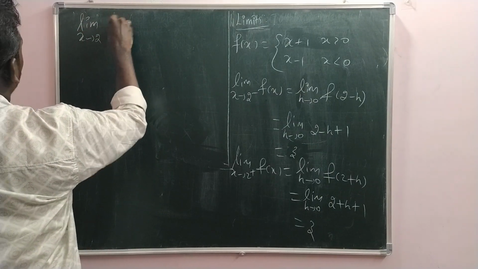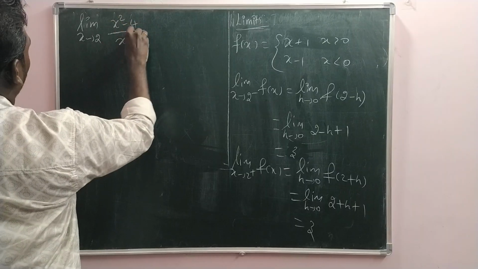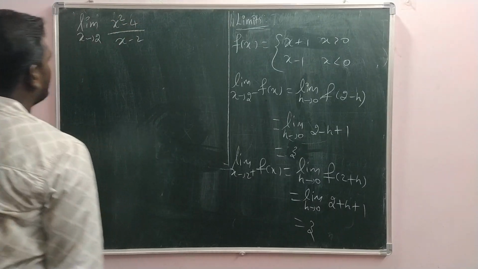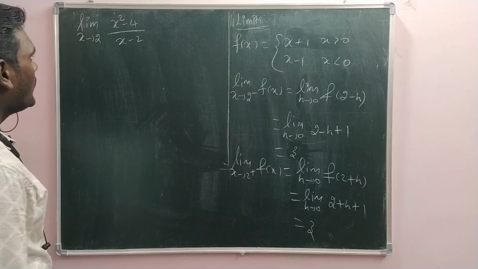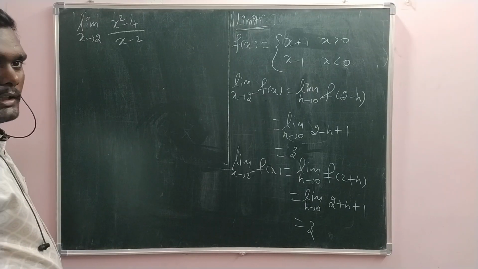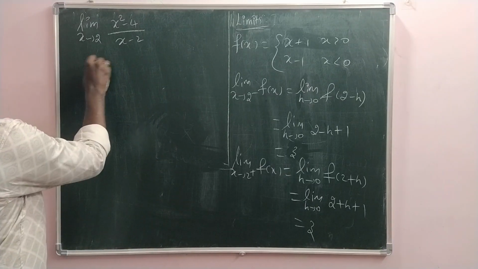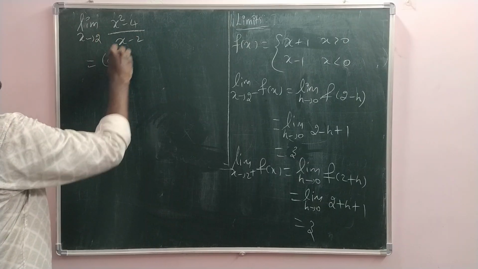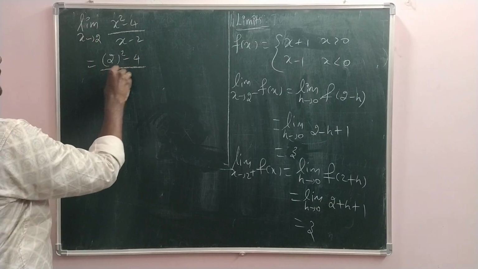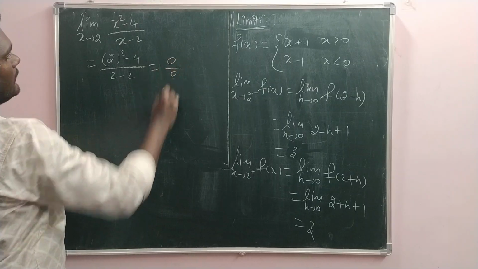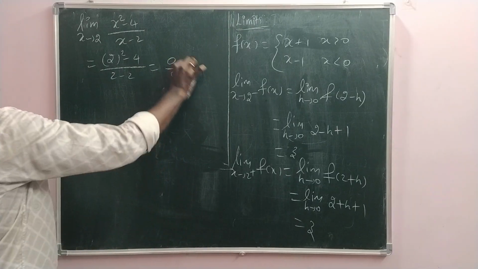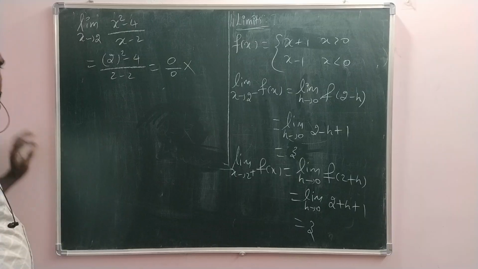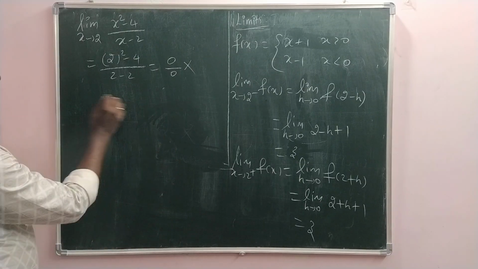Now look at this one. Limit x tends to 2, x square minus 4 by x minus 2. What happens? As you thought previously, substitute the value directly: 2 square minus 4 by 2 minus 2. Then we will get 0 by 0. The value may not exist; this is an indeterminate form.